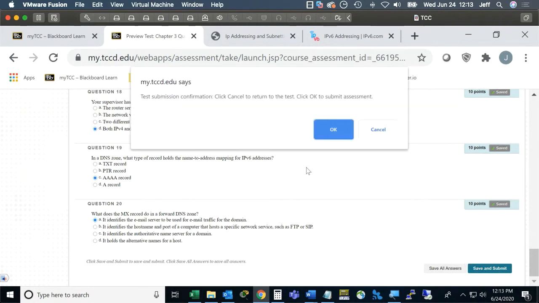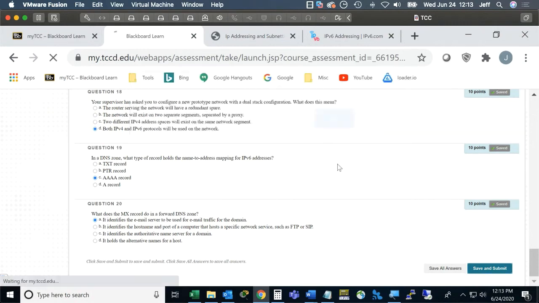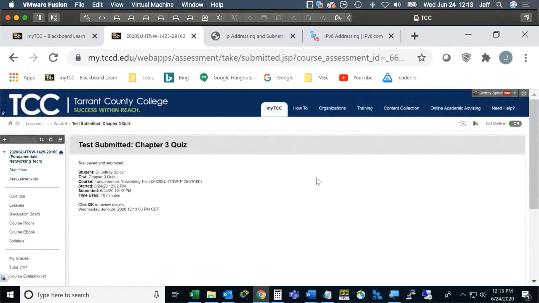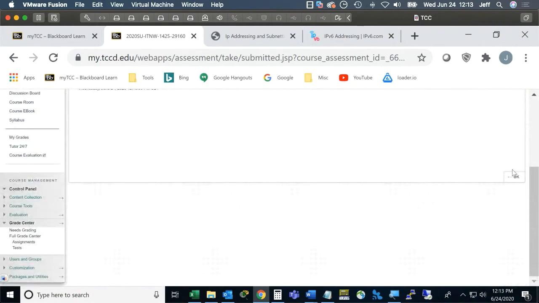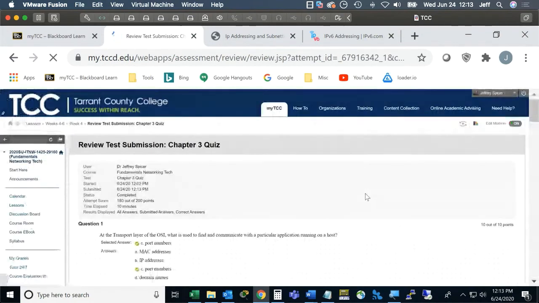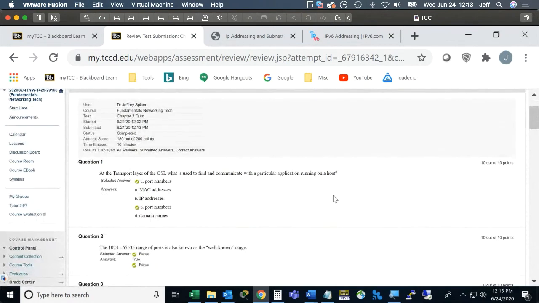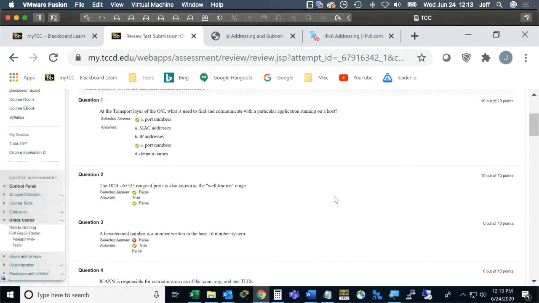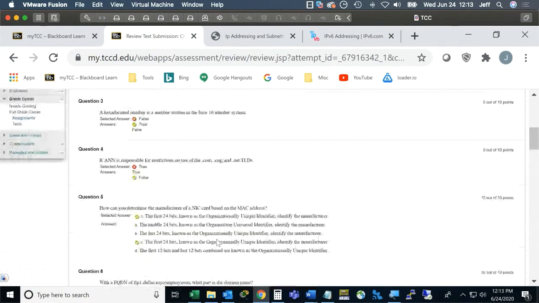So let's see. There were a couple there. All right, so I did miss one or two. Yeah, I missed two. Hexadecimal is 16. Okay.